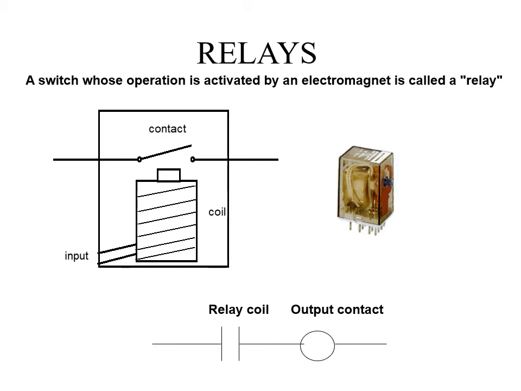If a current flows through the coil, it will generate a magnetic field which will attract the contact of the switch, so the circuit will close. And you can also turn the current in the other direction to repel the switch.